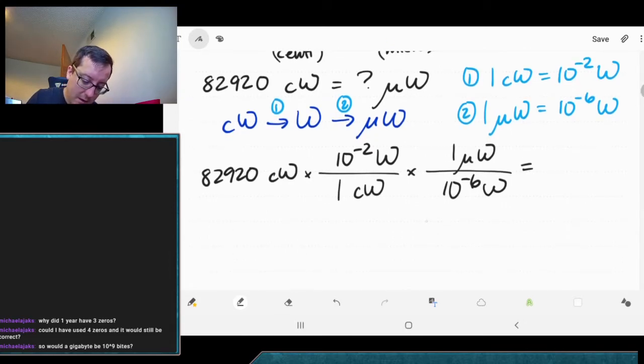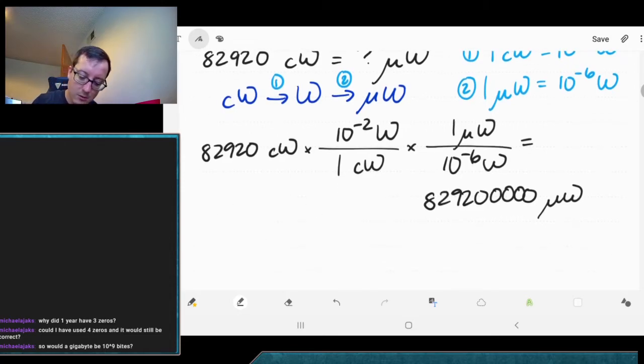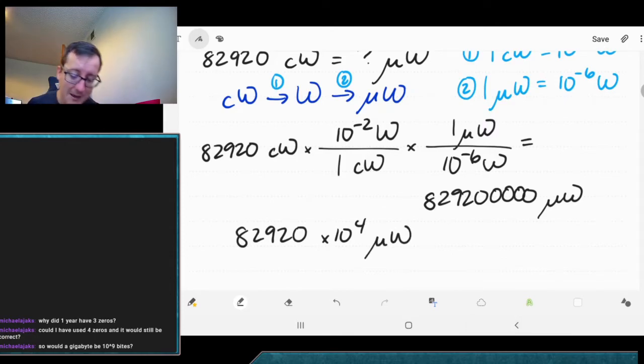So we would say 82920 and then 4 more zeros microwatts. Totally I guess it's okay to write it this way. Or you could say, okay, well, 82,920 times 10 to the 4 microwatts, that's technically okay too. It's a little bit bizarre because it's not quite scientific notation.